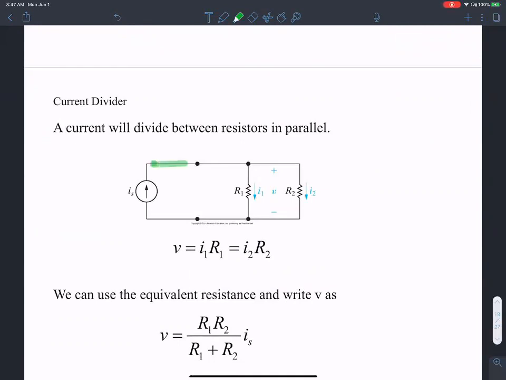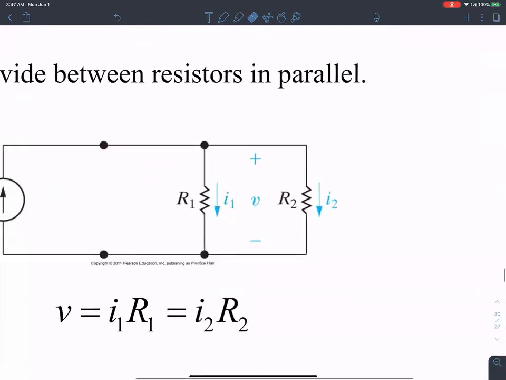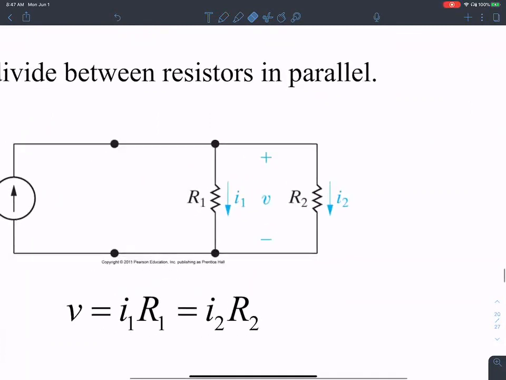When you have a current flowing through parallel resistances, that's going to divide. The intuition is slightly different. It is an inverse relationship. Earlier, the voltage across a resistance is proportional to its value, right? Here, it's going to be dependent on the other resistance.